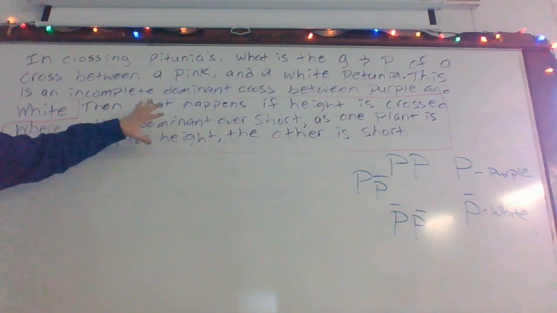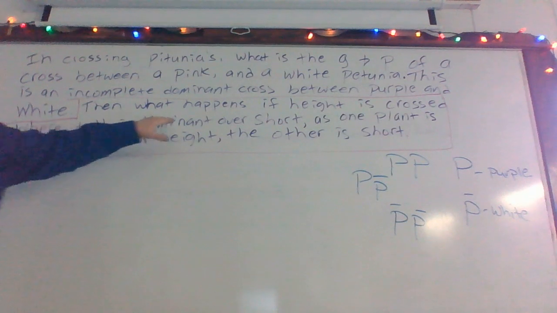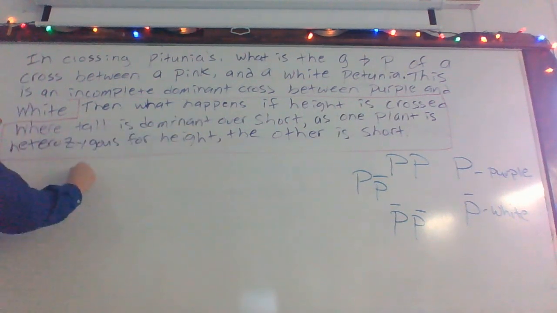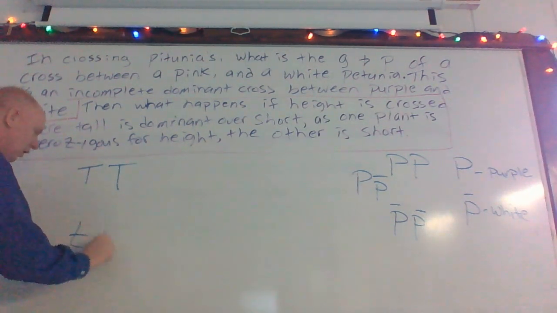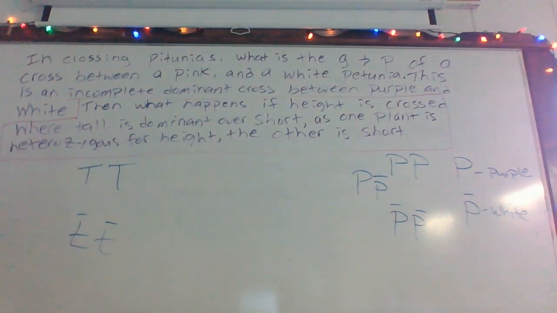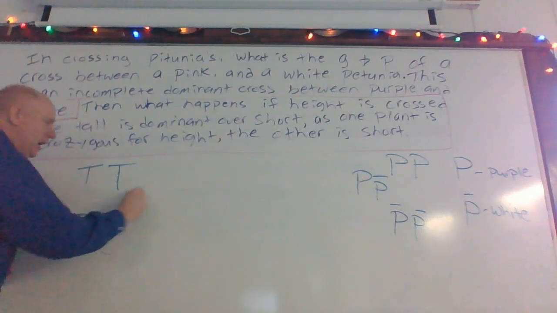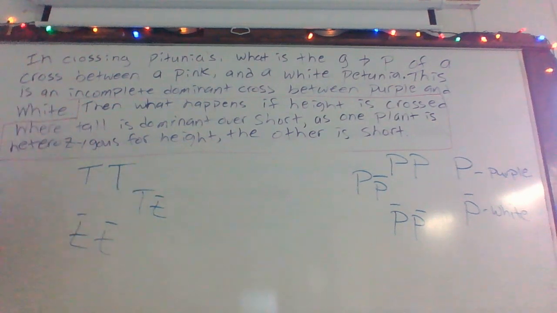Unlike if we're saying that tall is dominant over short, what does this look like if T is for tall? What about if we have two lowercase t's? Then it's short. Well, what happens if you have one uppercase and one lowercase? It's still tall.